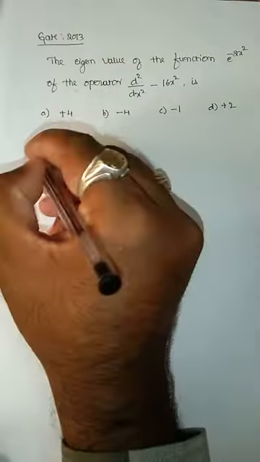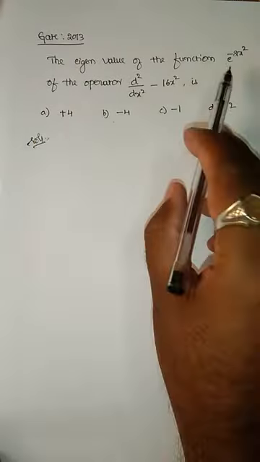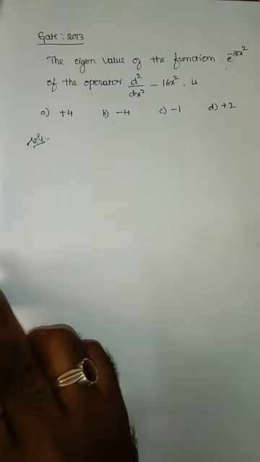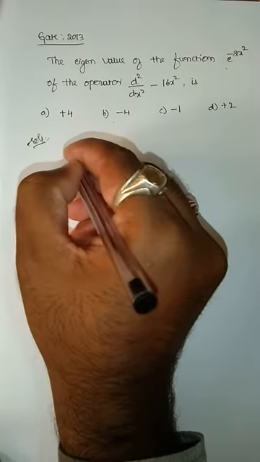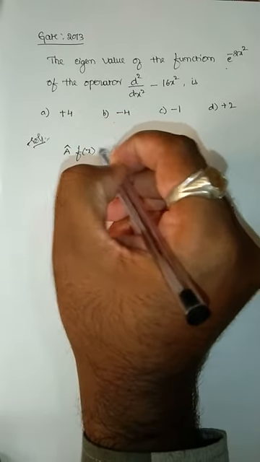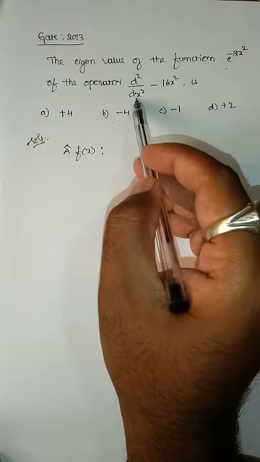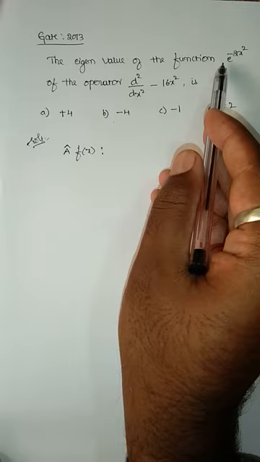And now we shall see what the actual eigenvalue is of this particular function on which the operator d square by dx square minus 16x square is operating. So here the operator A cap is operating on the function f of x, that is d square by dx square minus 16x square is operating on e power minus 2x square.